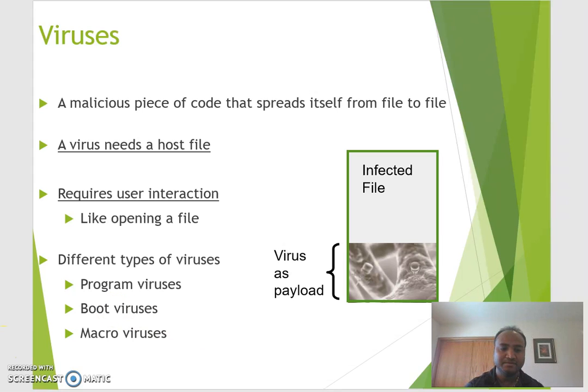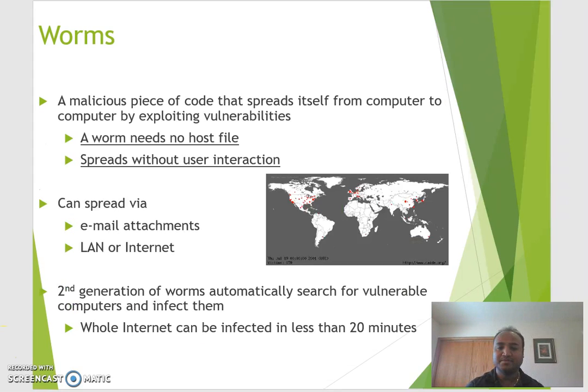All right, we're going to talk about the worms. What are the worms? It's a malicious piece of code that spreads itself from computer to computer by exploiting vulnerabilities. A worm does not require a host file as viruses do, and it can also spread without user interaction.